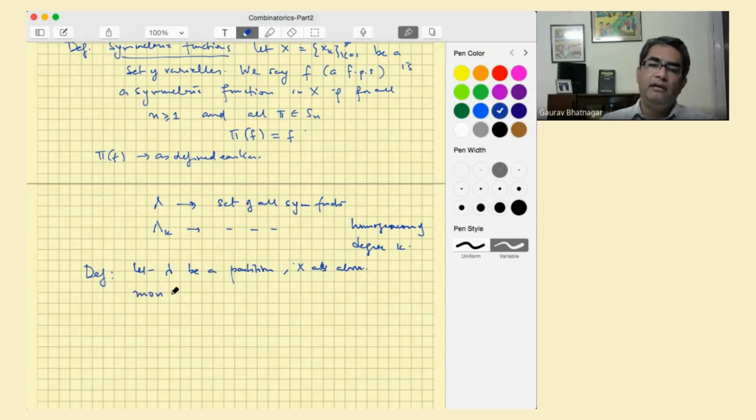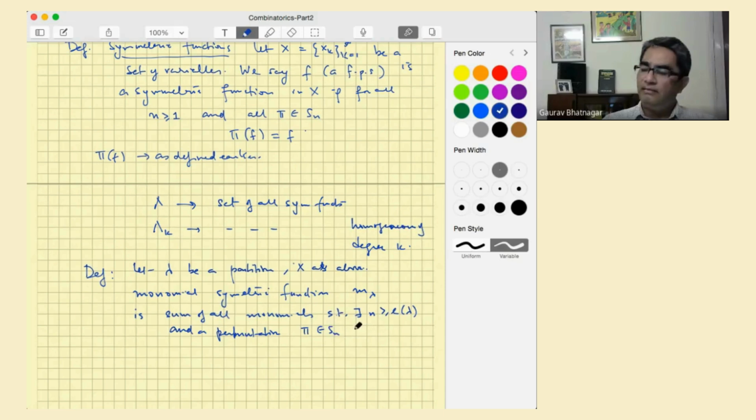The monomial symmetric function m_lambda is the sum of all monomials such that there exists n bigger than or equal to the length of lambda and a permutation pi belonging to Sn such that pi of y is x1^lambda1, x2^lambda2, up to xn^lambda_n.